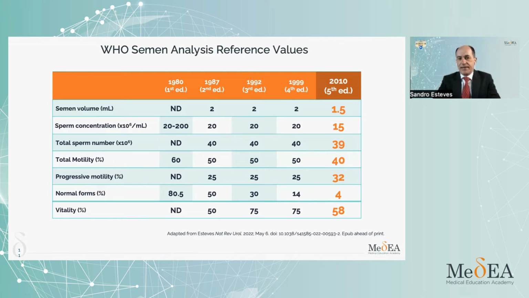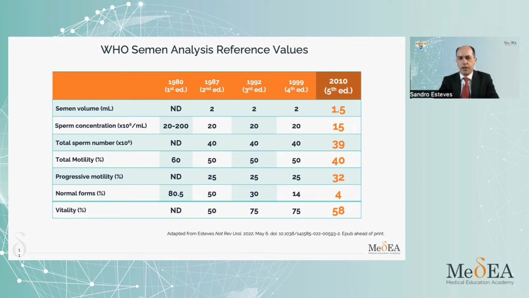These 2010 reference limits were substantially different from those of former manuals, raising much debate. The reference limits in the manuals before 2010 relied on the clinical experience of researchers evaluating sperm parameters in fertile men with not specified time to pregnancy.